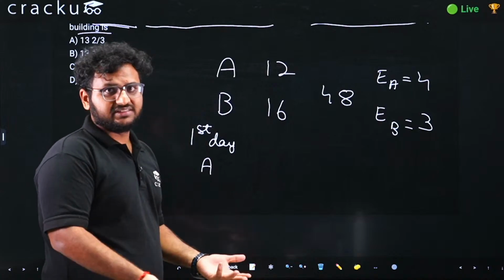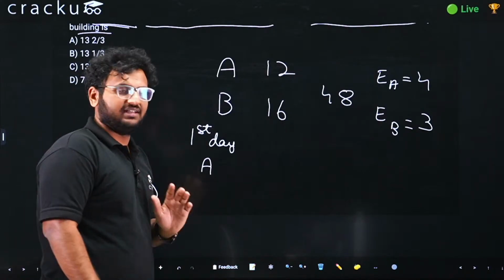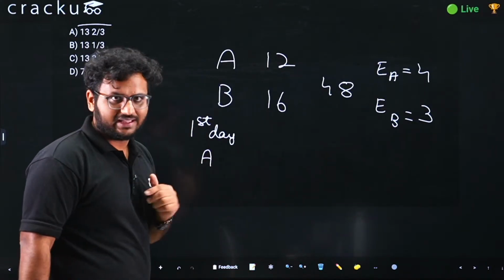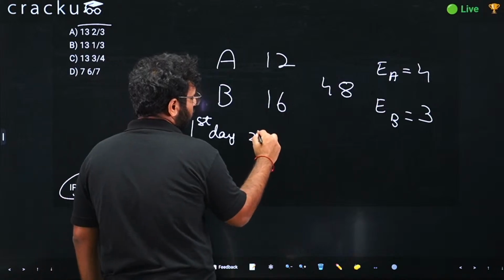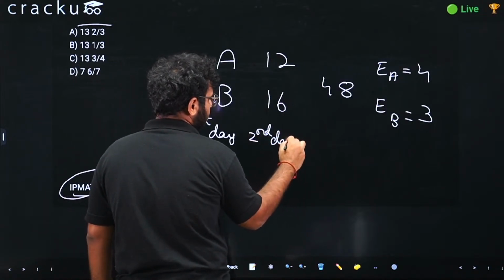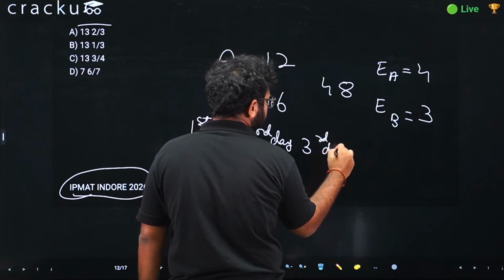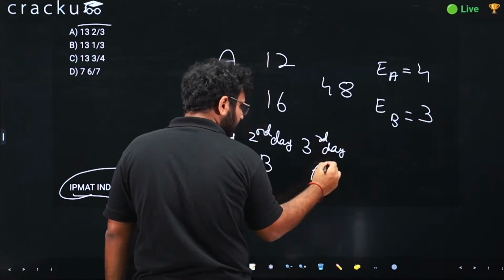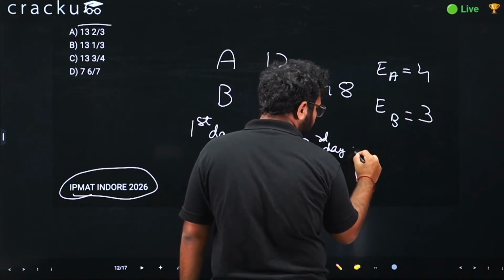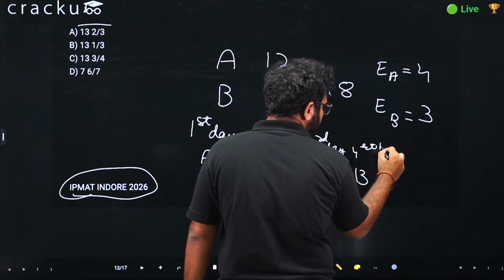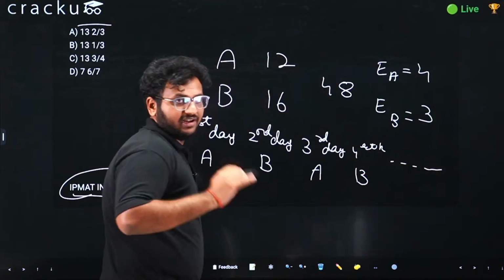It would be late, but the work is done. On the first day A came, on the second day B came, then on the third day again A came, then again B on the fourth day, and so on till the work is completed.